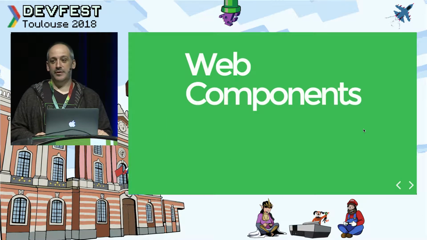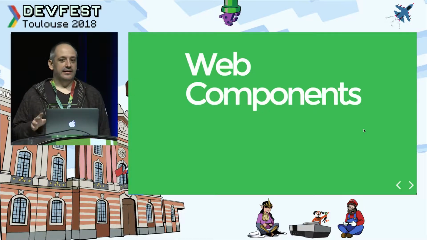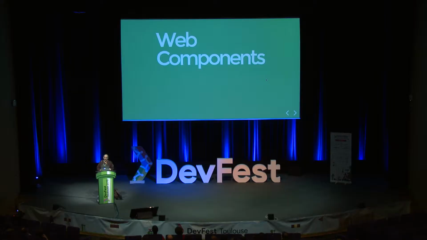So let's talk about web components and Angular with web components. If you don't know what web components are, which is going to be a little bit difficult if you are developing JavaScript today because it's quite popular right now, I'm going to make a small introduction.